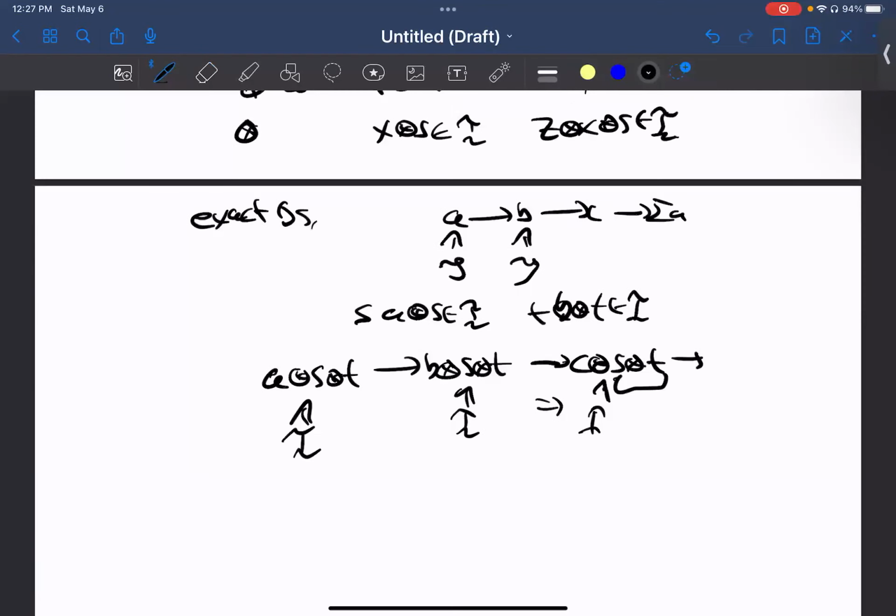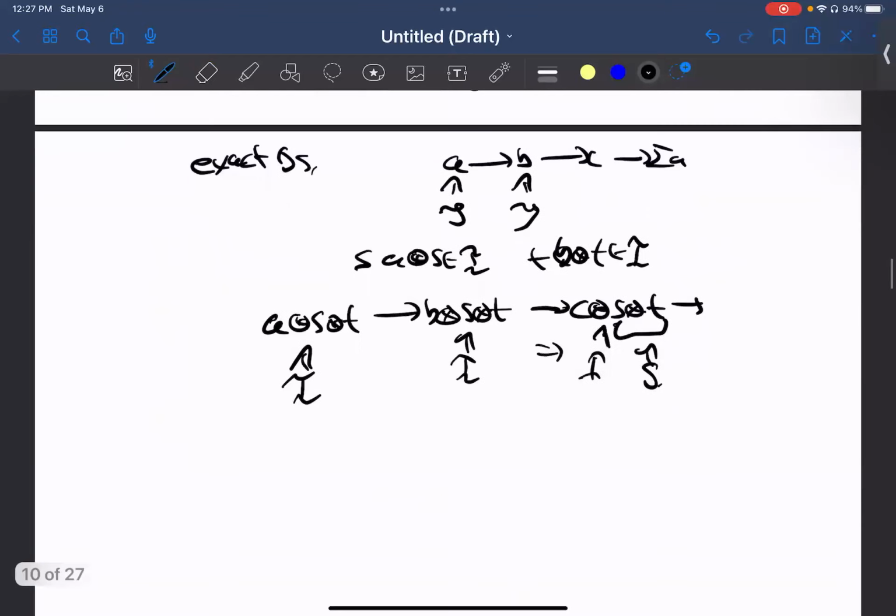And this S tensor T is in S. So therefore, this actually is a tensor ideal.